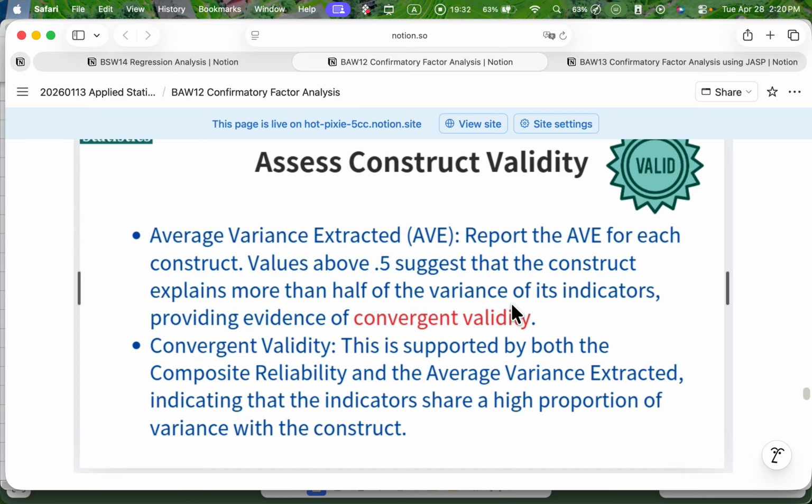If greater, it provides evidence of what is called convergent validity of the construct.